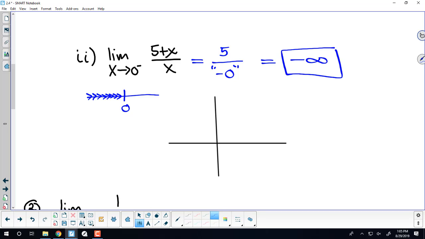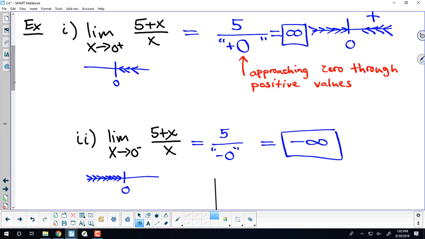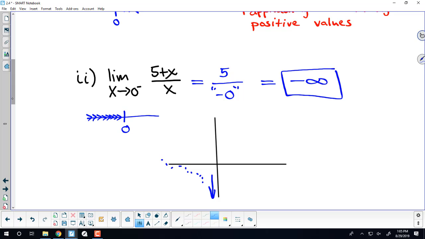Whatever my function's doing, I know that when I get down here, it's going to die off towards negative infinity from the left of 0. And as I approach 0 from the right, as we computed in part 1, the function's approaching positive infinity. Whatever the function's doing over here, I'm not quite sure yet, but I do know as I get closer to 0 from the right, the function will approach positive infinity.